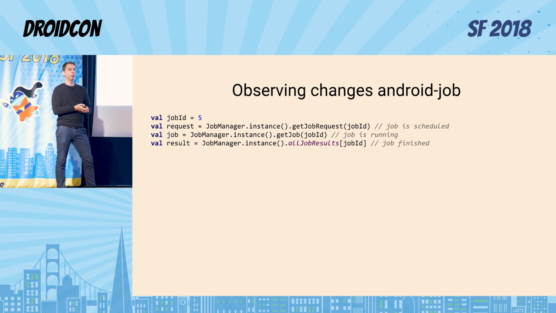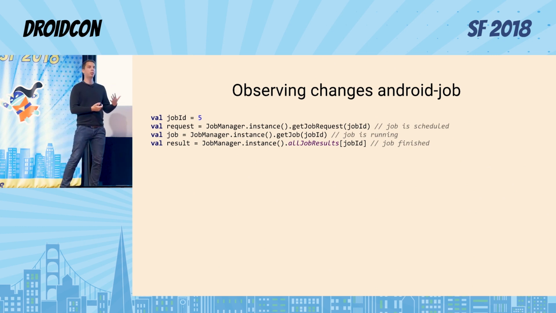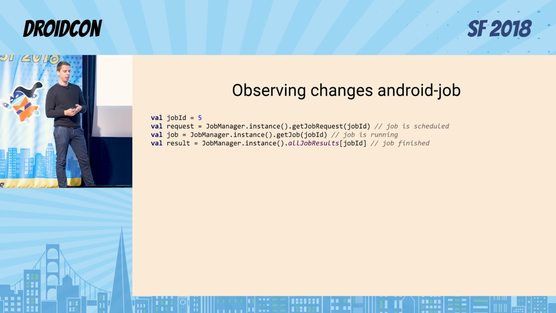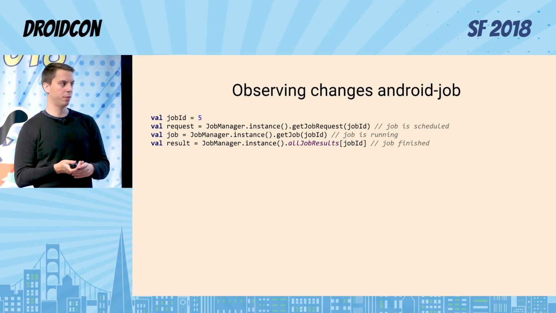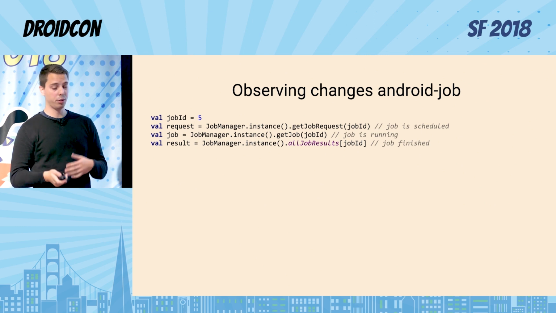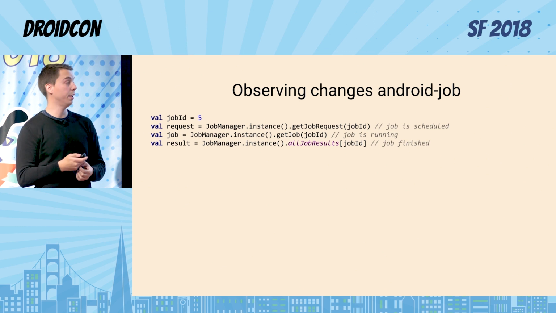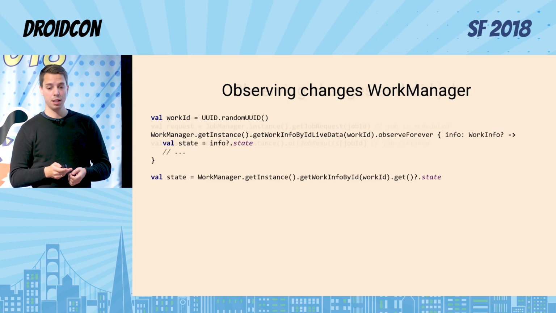Sometimes you also want to observe changes. For example, you have a longer running worker and you want to display a notification or some other UI in your app, then you want to observe the lifecycle of your workers. That's something Android Job doesn't provide. You can query the status, but there's no API for registering a callback.